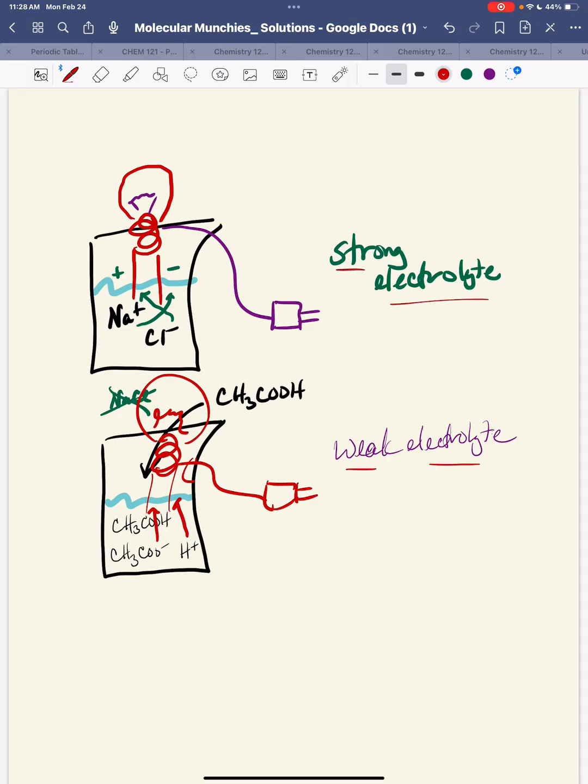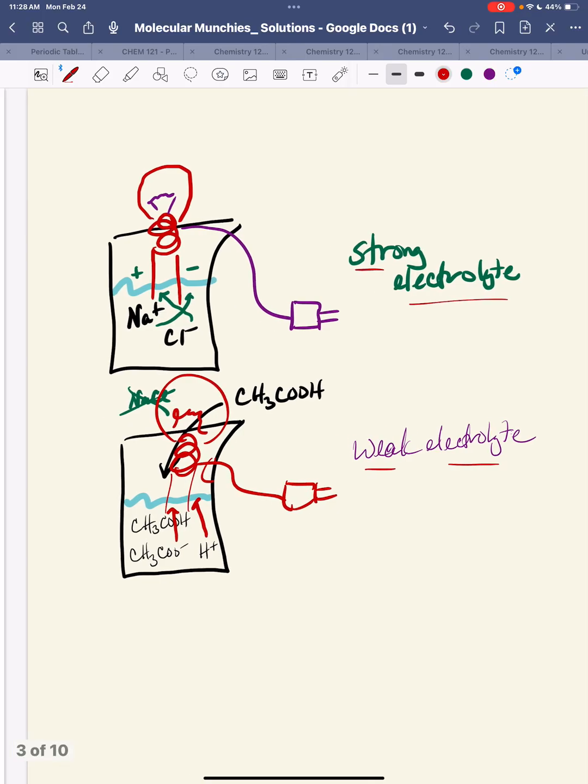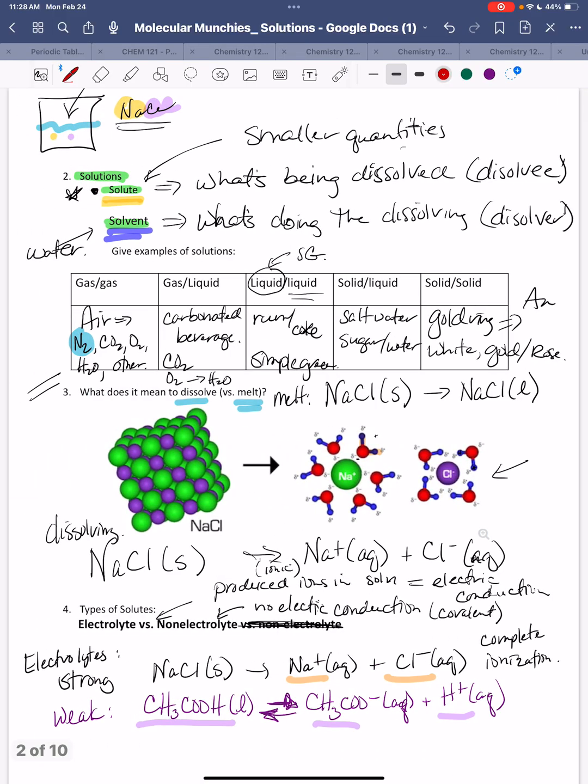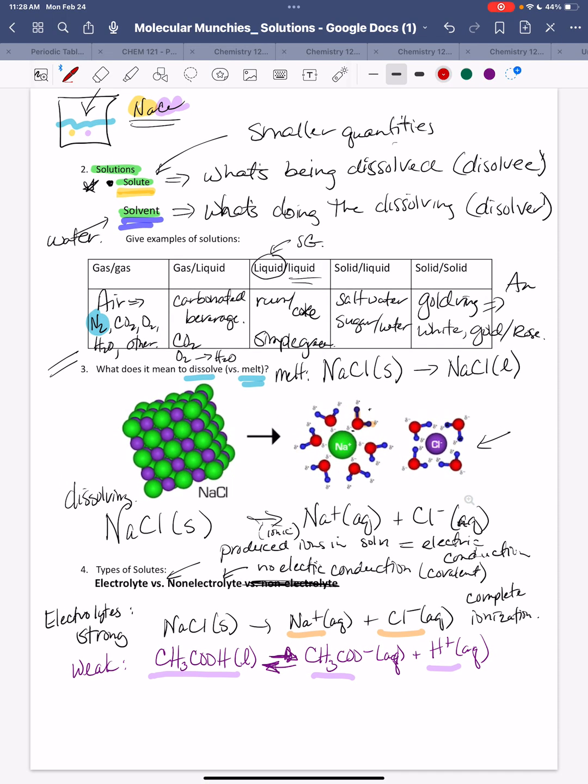Strong electrolytes, weak electrolytes. Okay, so the third category we can have is non-electrolytes. And so we'll do that in one more color. Let's do that in blue. So we have non-electrolytes. And non-electrolytes are things like sugar. So C12H22O11, sucrose.